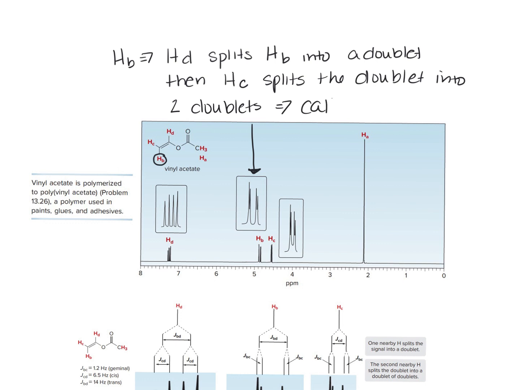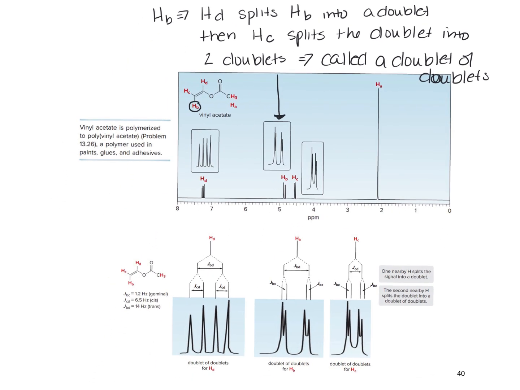This is called a doublet of doublets. If you want to imagine this in another way, we are still looking at HB, which is shown here.